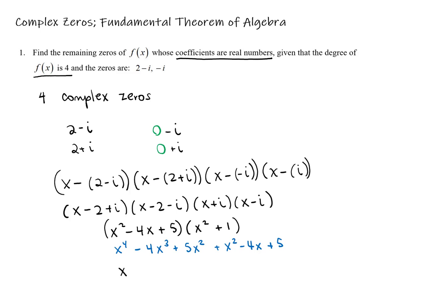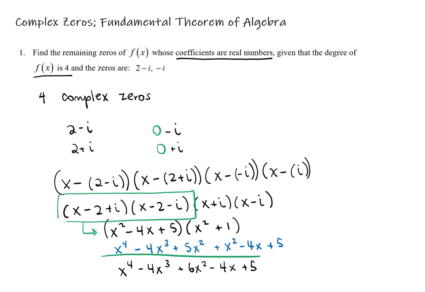And simplifying, I would get x to the 4th minus 4x cubed plus 6x squared minus 4x plus 5. I went a little bit fast through this because we just practiced this one. And so we should already know from our previous work that it was x squared minus 4x plus 5. And so I was able just to work through that quickly.